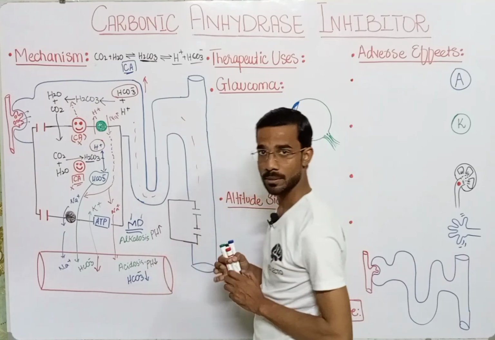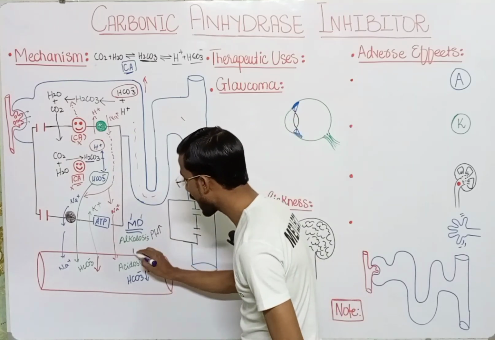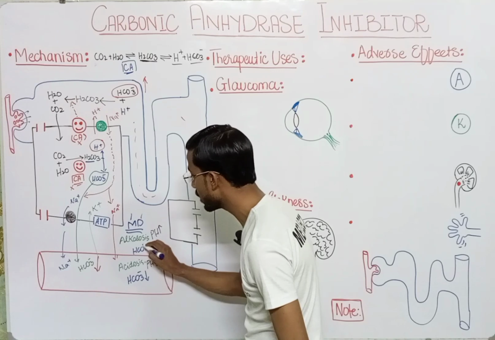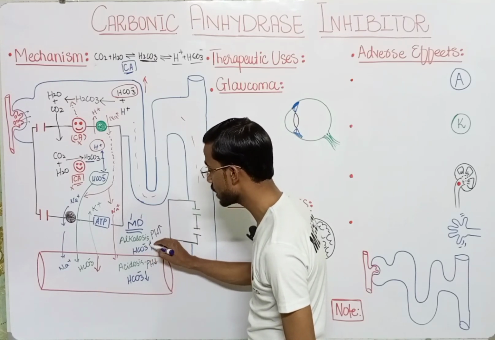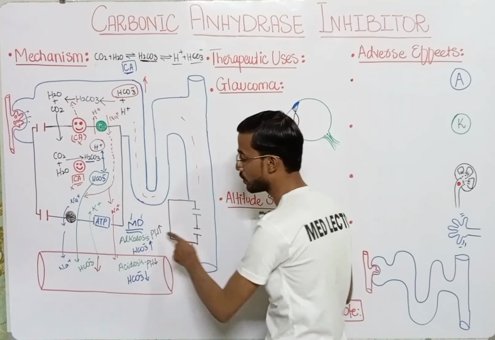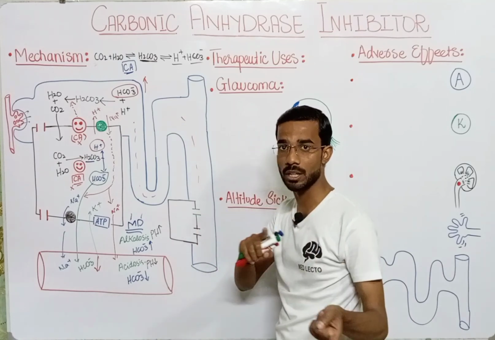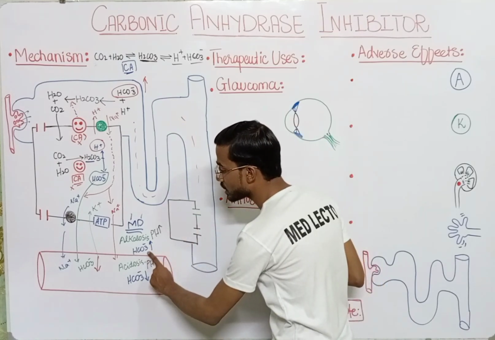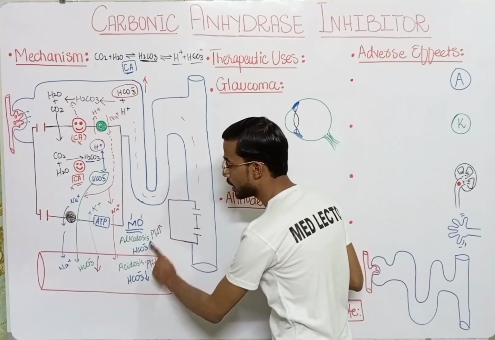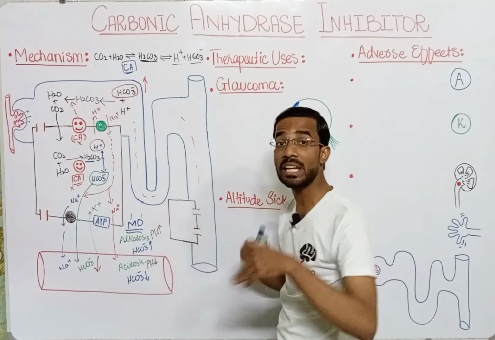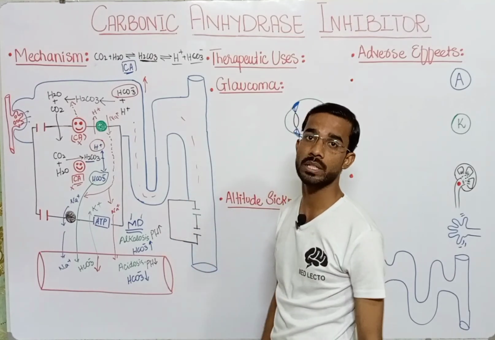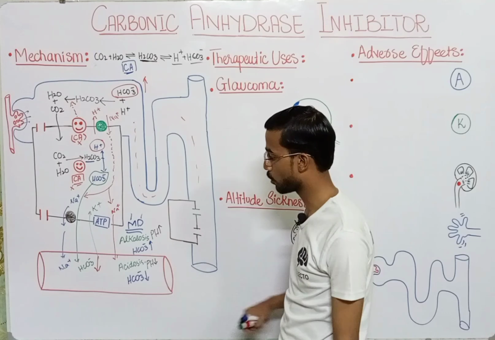In alkalosis you see that the HCO3 negative, bicarbonate ion concentration, is high. So pH will be high. This is the direct relation. Bicarbonate concentration increases, pH will also increase, and if the pH increases, the condition goes towards alkalosis. So this is the important point.